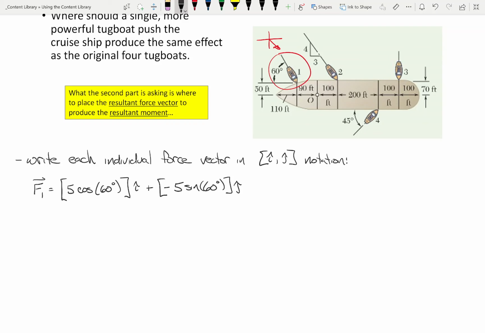Don't forget the magnitude inside, and keep in mind that the units are in kips. So 5 times the cosine of 60. The cosine of 60 degrees is a half, right? So a half times 5 is 2.5. And then minus, I'm not that good. Sine of 60 degrees is a little messier. Square root of 3 over 2 times 5 is what?